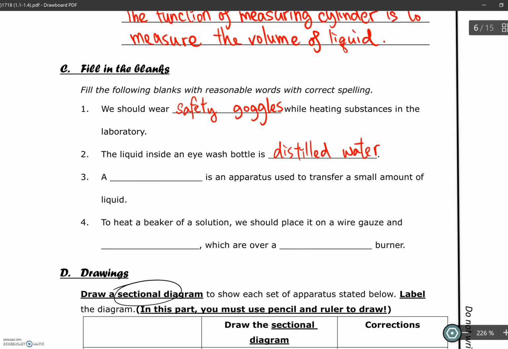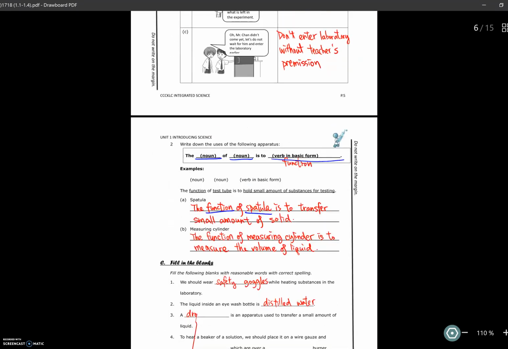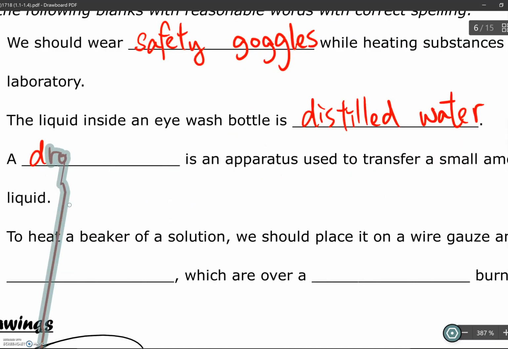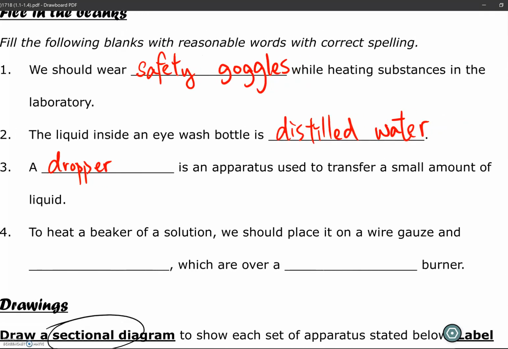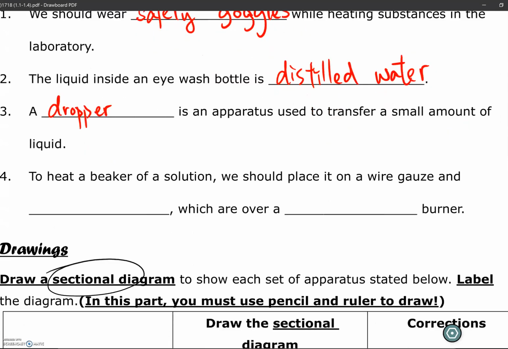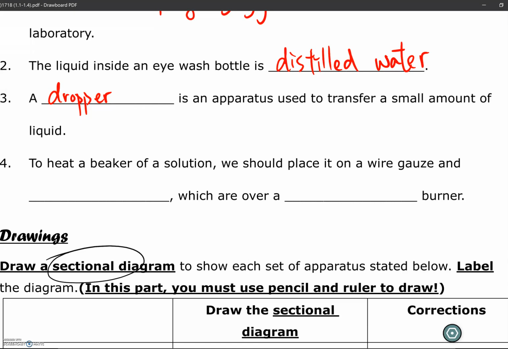A dropper is an apparatus used to transfer small amounts of liquids. To heat a beaker of a solution, we should place it on a wire gauze and tripod, which are over a Bunsen burner, should be capital, Bunsen burner.